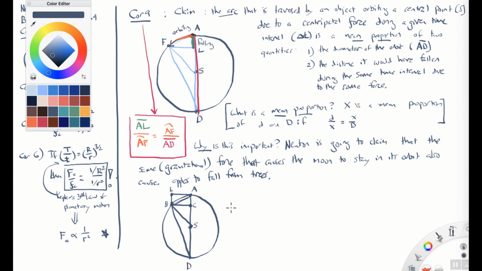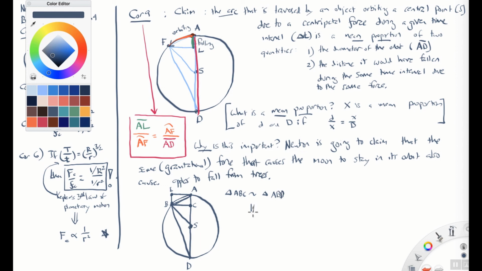You might recall that for very small time intervals, the arc length can be approximated by this chord length right there. They're approximately the same quantity. And furthermore, you might recall that this triangle ABC was similar to triangle ABD.